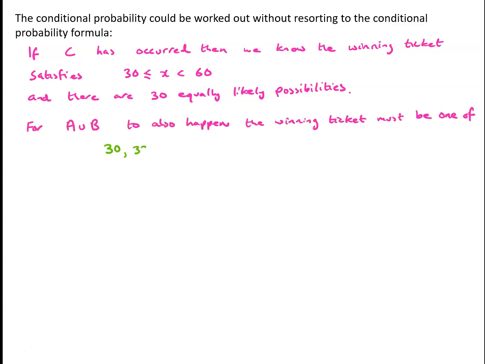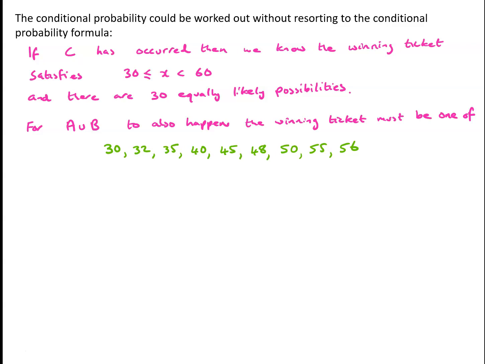If A or B has happened, then the winning ticket must be 30, 32, 35, 40, 45, 48, 50, 55 or 56, because A is the number is divisible by 5, B is the number is divisible by 8, and those are all of the numbers between 30 and 60 that are divisible by 5 or divisible by 8.